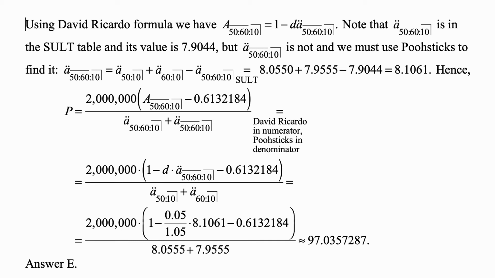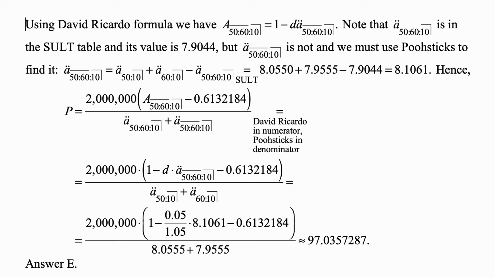Note that ä 50:60 angle 10 is in the SULT table, and its value is 7.9044, but ä 50:60 with a bar above it, angle 10 is not, and we must use inclusion-exclusion to find it. So it's equal to ä 50:angle 10 plus ä 60:angle 10 minus ä 50:60:angle 10. We plug in those values, and this is equal to 8.1061.